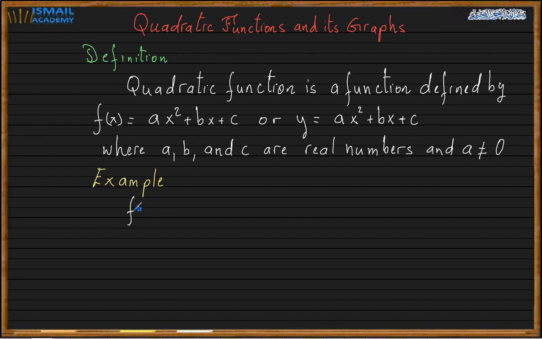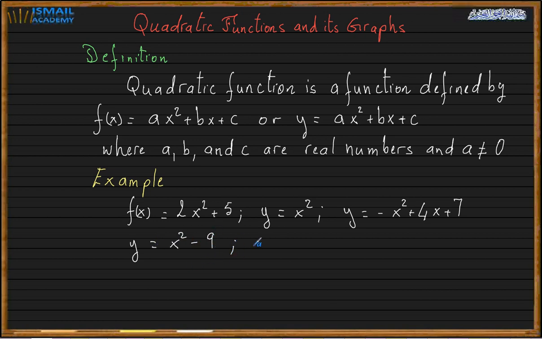For example, we can have f of x equals x squared plus 5, or y equals x squared, or y equals minus x squared plus 4x plus 7, or y equals x squared minus 9, or 5x squared, or minus 5x squared, and so on.